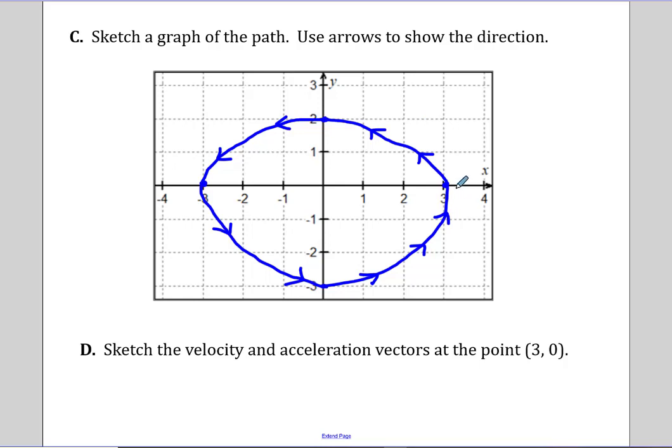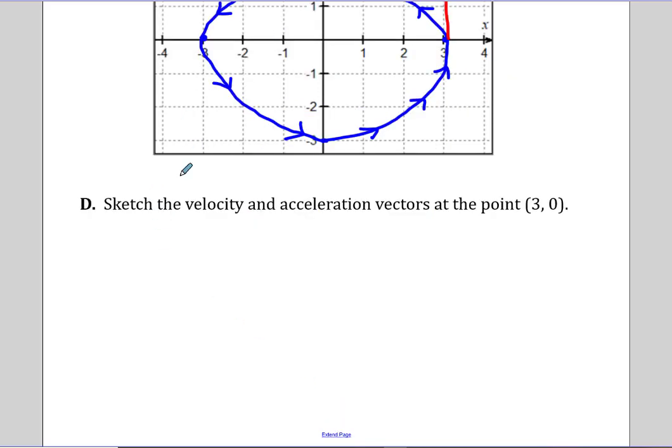So our velocity vector at 0, if you go back to -3 sine of 0 plus 2 cosine of 0, then our velocity vector is going to be 3, 0. So that would be our velocity vector at 0. On part D, I'm going to show the work for that.